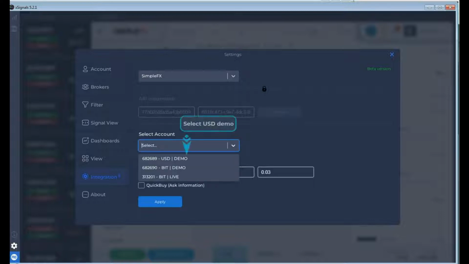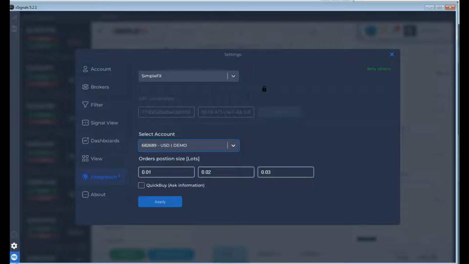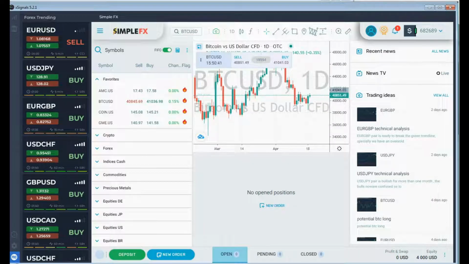A connection with a broker has been established. We select an account for working with auto orders. We have a demo account in dollars. Auto orders are connected. The account and volumes of opened orders can be changed at any time. If there are problems with the connection, contact the technical support of the service.